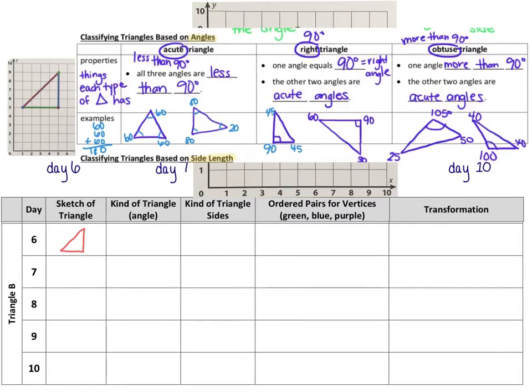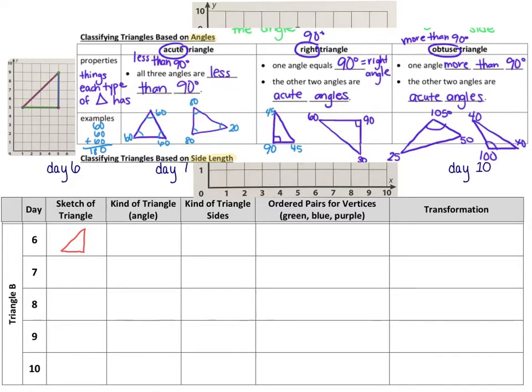All right, here I have put an excerpt from our page that we did on classifying triangles. For our next column, we're going to look at the kind of triangles and the angles. So here's classifying triangles based on angles. Look at each of the pictures. Are all 3 angles less than 90 degrees?